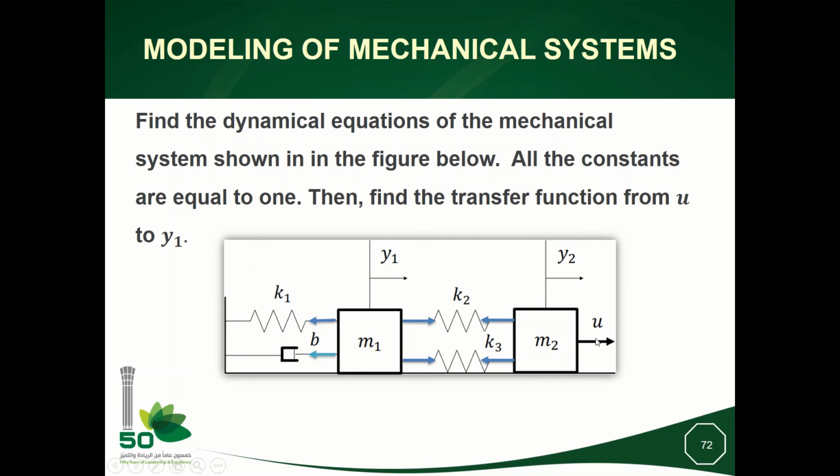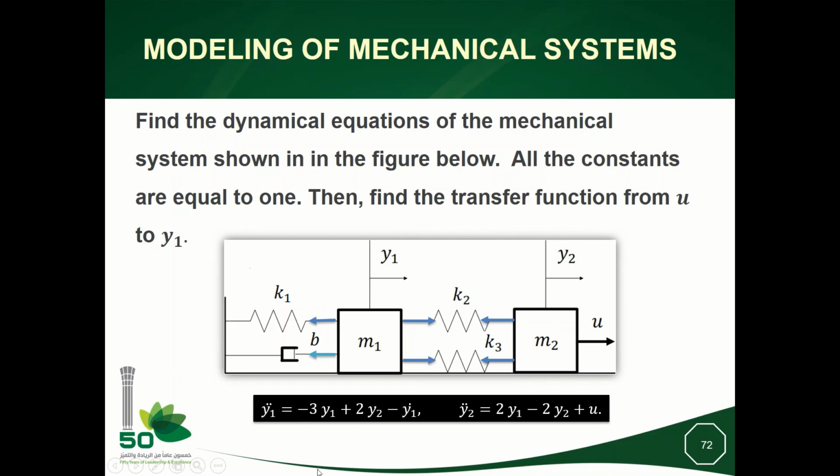So these are all the forces that are applied to the mass M2. This is what we will write, assuming that all the parameters here are equal to 1, including the damper coefficient. So we will be left with the two coupled differential equations that depend on Y1 and Y2.